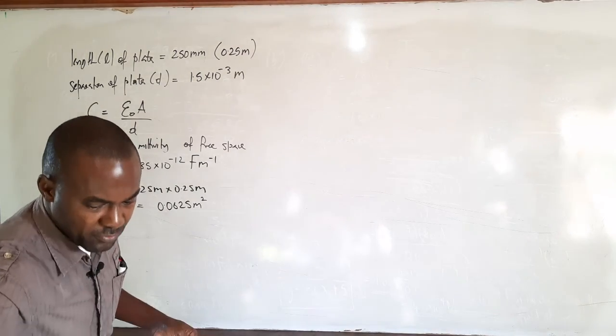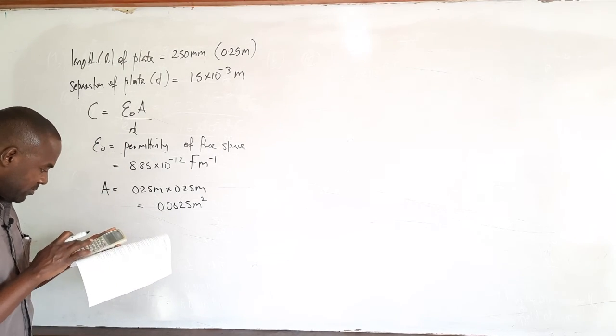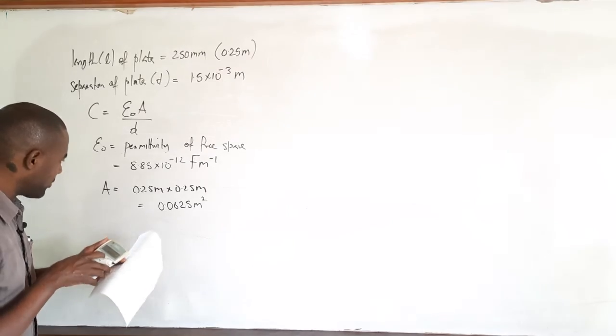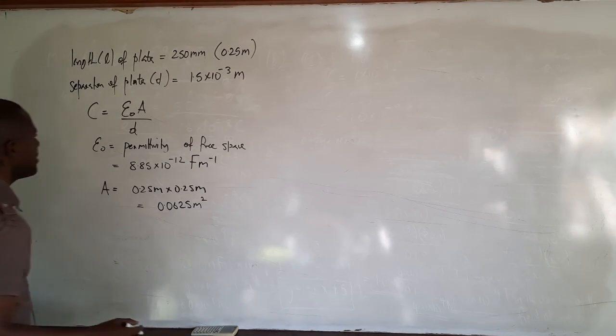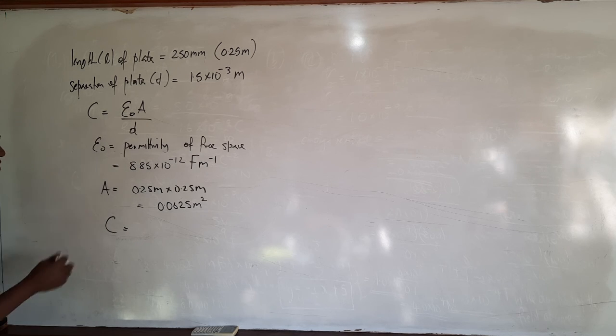Let me just check to make sure my math is correct. So 0.25 squared, right, 0.0625 meters squared.